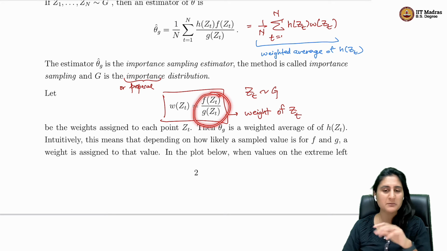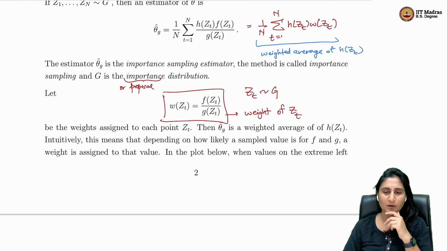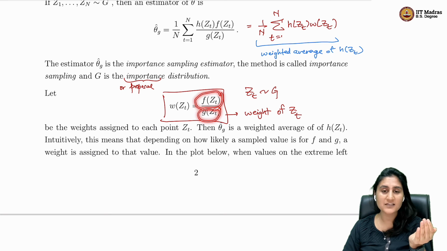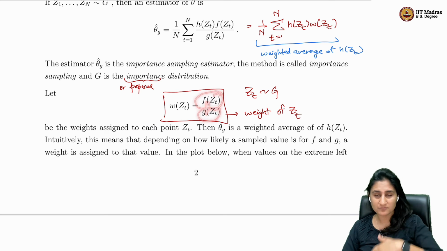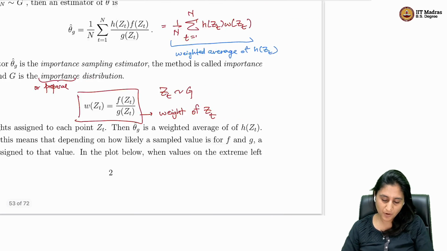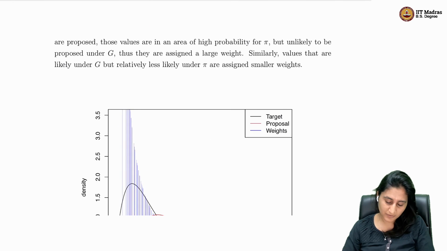So overall, this might be a value close to 1, not too large, not too small. But if I sample a value in an area of low probability for g, then this denominator is small. And if it's in a high probability area of f, then the numerator is large. Then these two together make the weight really large.